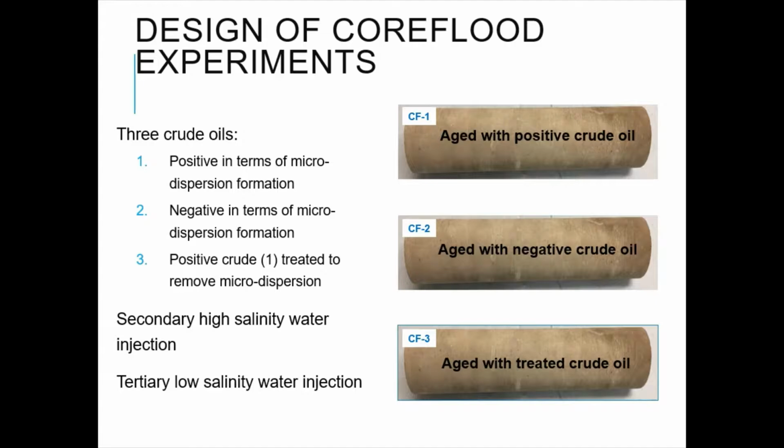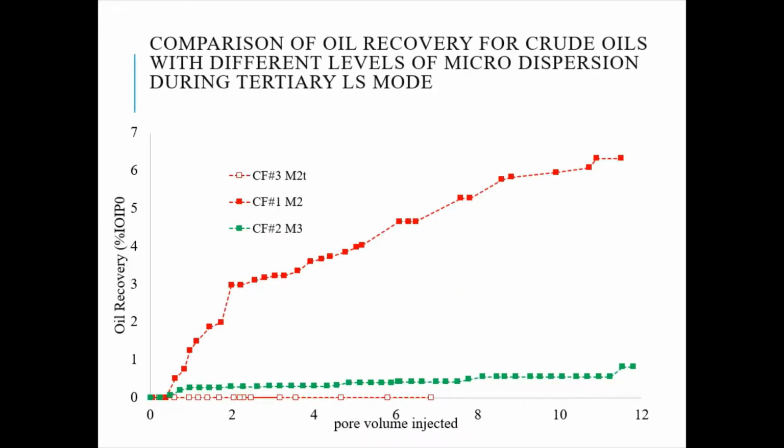For the coreflood experiments, we perform secondary high salinity and tertiary low salinity water injection. Again, here I'm showing just the results of the tertiary low salinity. For the sake of time, you can go through the paper and see the results of the secondary water flood. So here we are showing the oil recovery versus pore volume injected for tertiary low salinity.